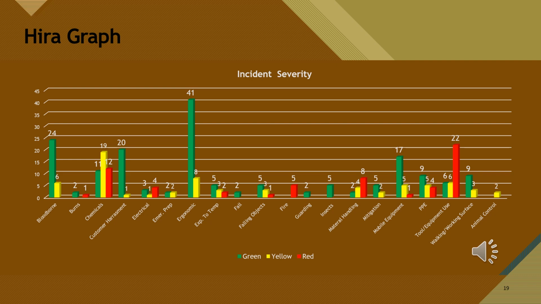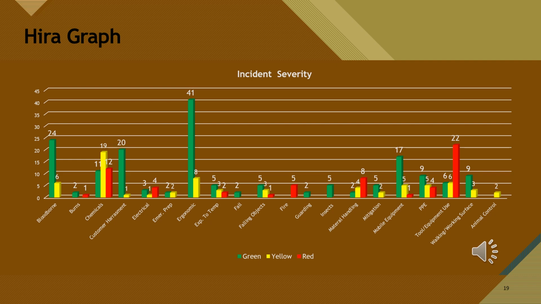Although Brown Airline has a 41 negligible count on ergonomic issues, I still believe that by changing the ergonomic issues, you will see a big change in the overall efficiency of their employees.